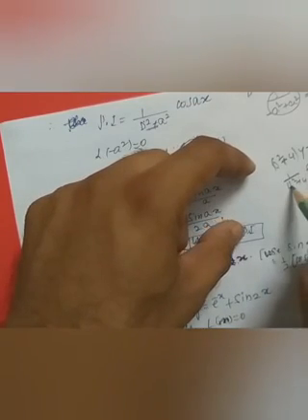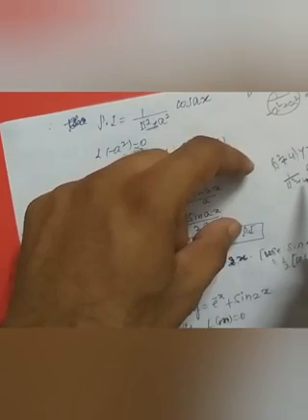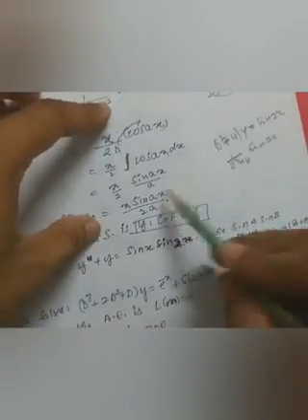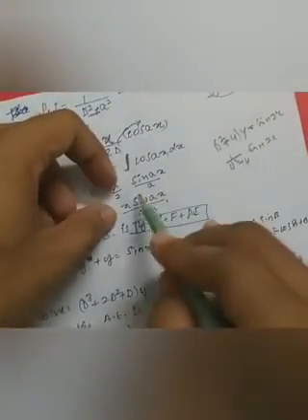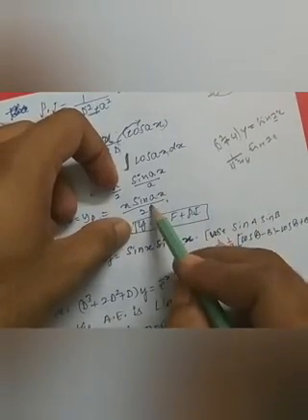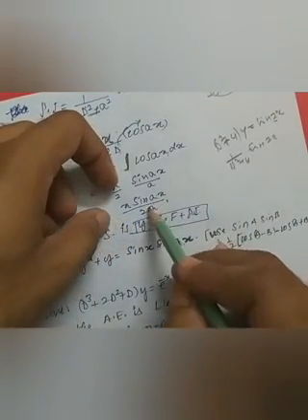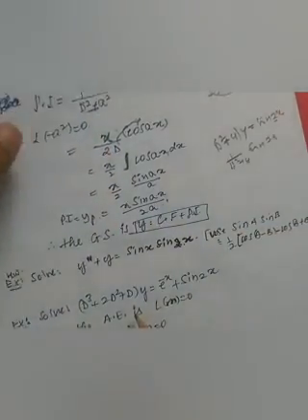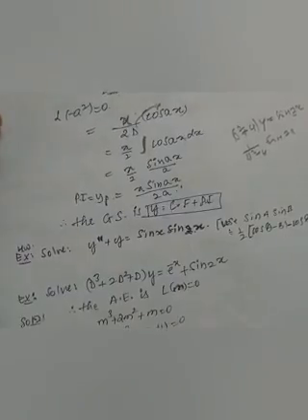Now if you replace D square by minus 4, it becomes minus 4 plus 4, so that becomes 0. So there is no need to do all these steps in such cases. What you have to do is remember this result and find the value of a. In this result, wherever a is there, substitute that value of a, and you will get directly the required answer. No need to do all the simplifications here.